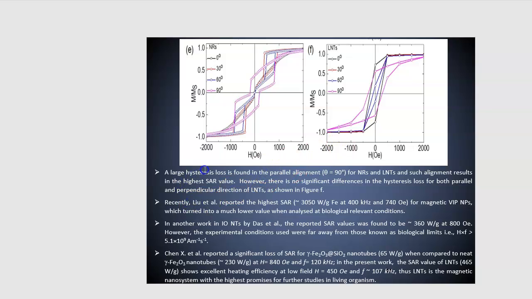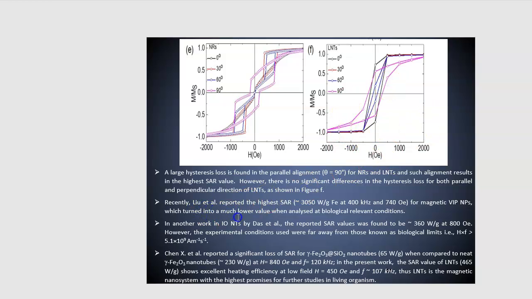And here you can see a large hysteresis loss is found in parallel alignment for nanorings and long nanotubes, and such alignment results in highest SAR value. However, there is no significant difference in the hysteresis loss for both parallel and perpendicular direction of long nanotube, as shown in figure F.